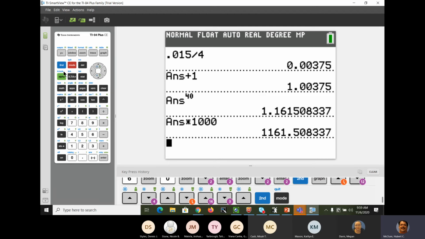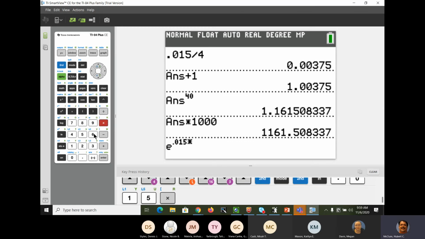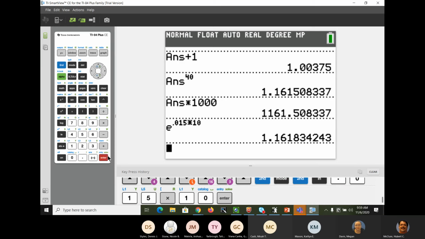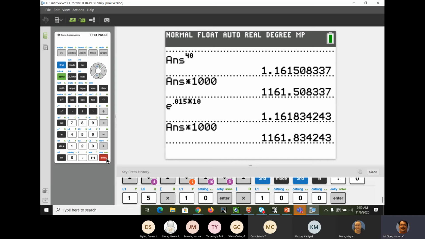Second natural log of 0.015 times 10. That's going to give us 1.16, and you're going to multiply that by 1,000. So at the end of 10 years, if the bank decides to do continuous interest, you get 1161.83.